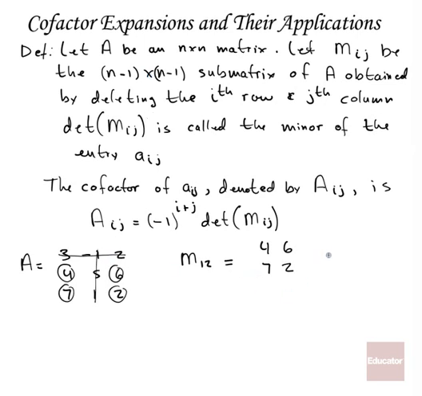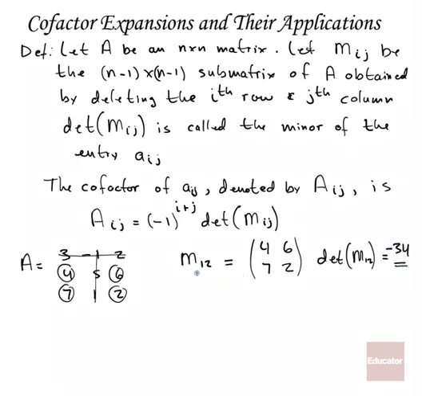Now, if we take the determinant of this M12, and again, the determinant of a 2 by 2 matrix is just that times that minus that times that. So it's 2 times 4 is 8 minus 42. What we end up with is minus 34. So let's put that aside for a second.